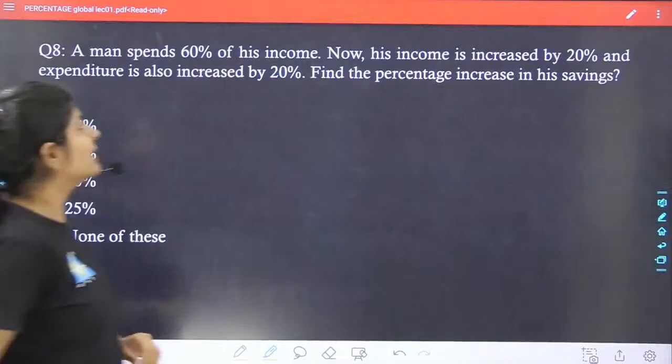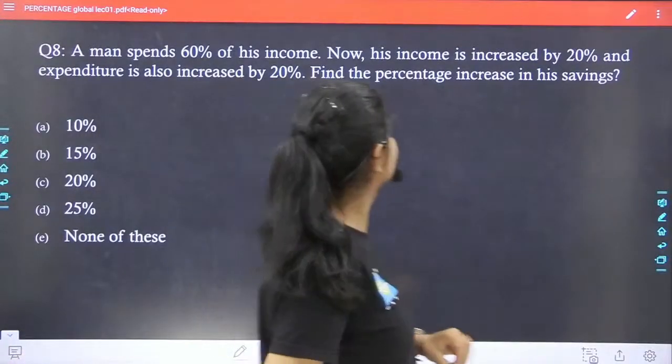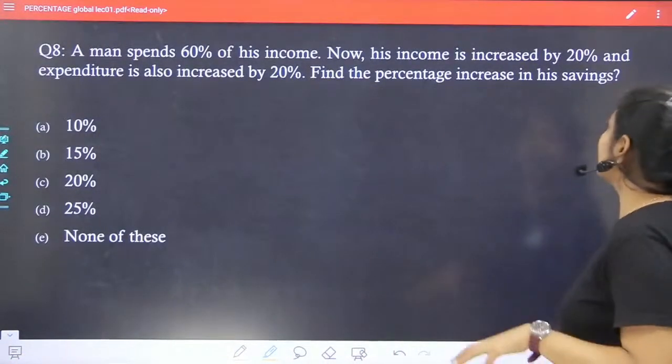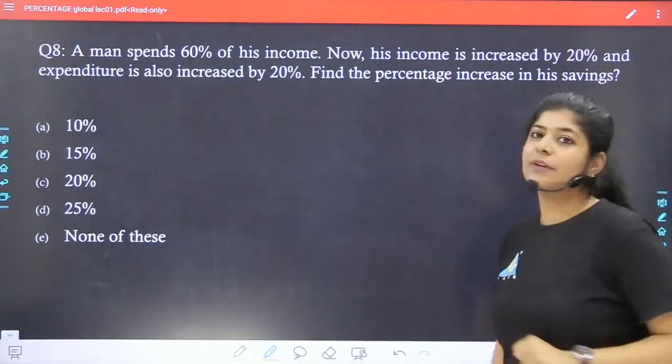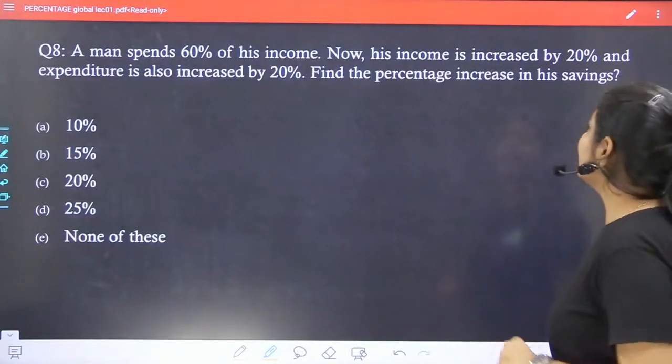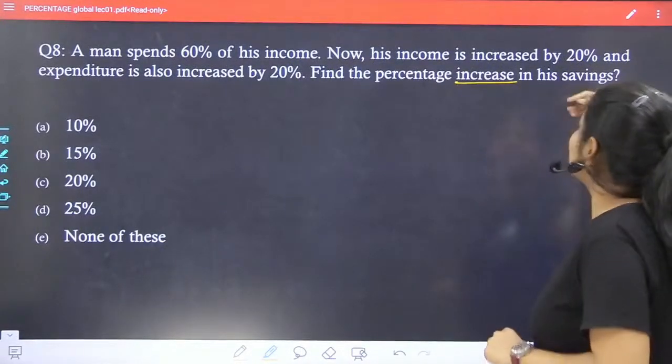A man spends 60% of his income. Now his income is increased by 20% and expenditure also increased by 20%. Find the percentage increase in his saving.